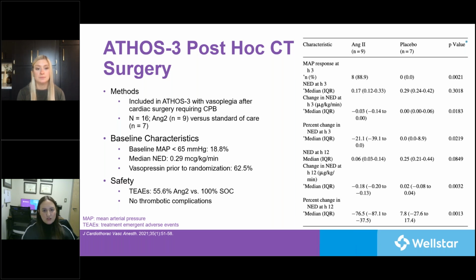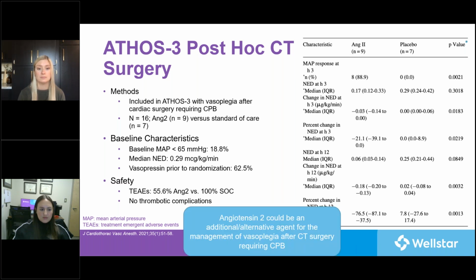Similarly to the ATHOS-3 study, they found that the MAP goals were met at hour 3 in the patients that received angiotensin II, but they also didn't find a difference in mortality. They found that there were no thrombotic complications in this subset of patients. However, there were only 16 patients included. So angiotensin II could potentially be another additional or alternative agent for us to use for the management of vasoplegia.